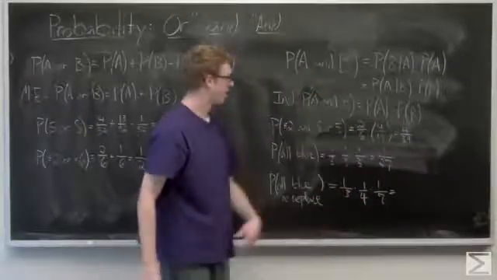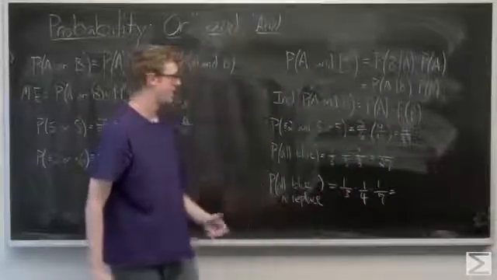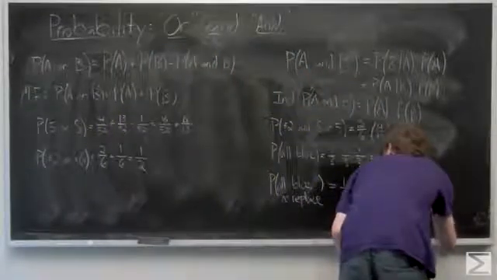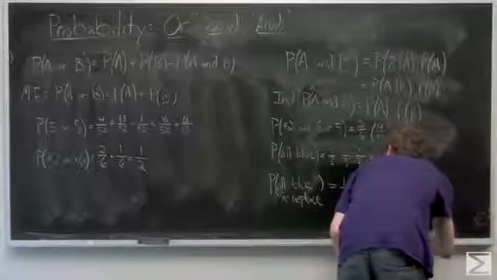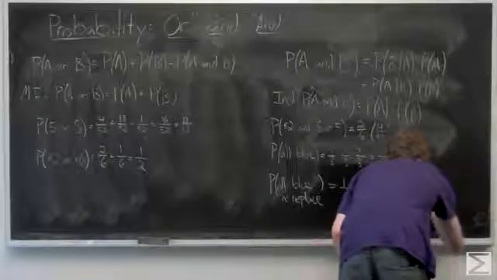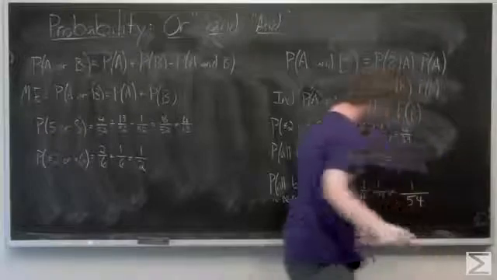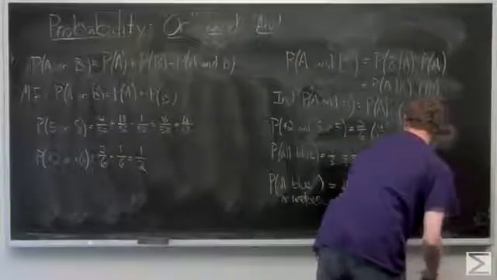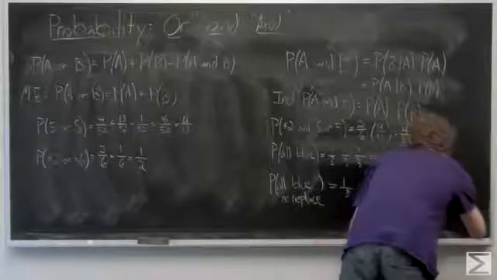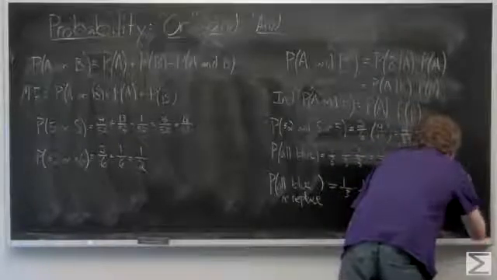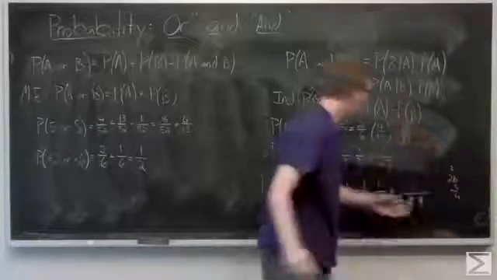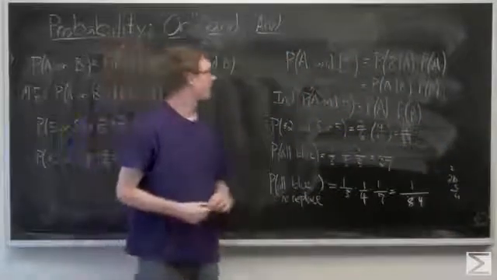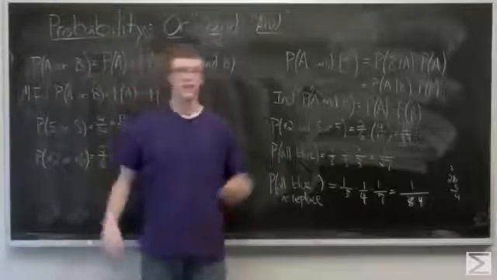So all we need to do is multiply 3 times 4 times 7, and we get a 1 out of 84 chance that they're all blue without replacement. And that's how you calculate OR and AND probabilities.